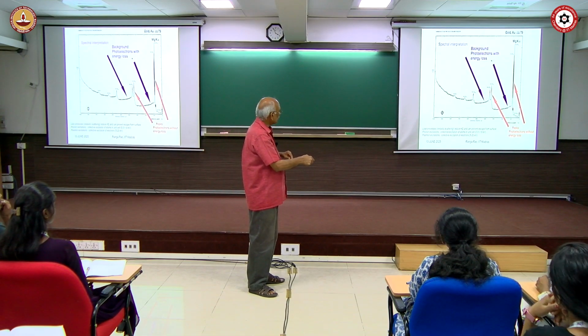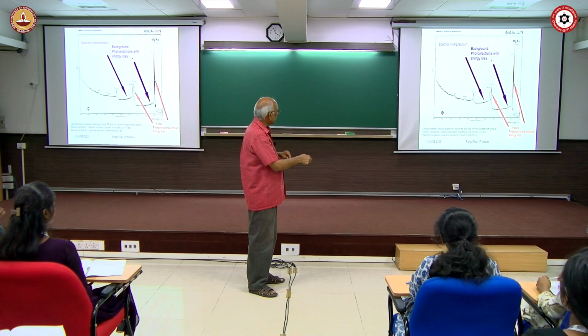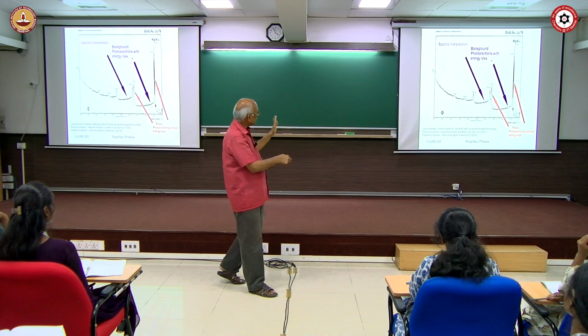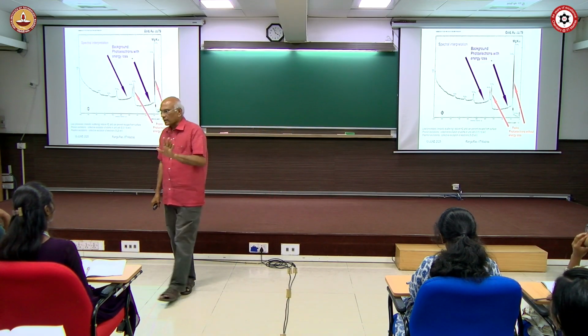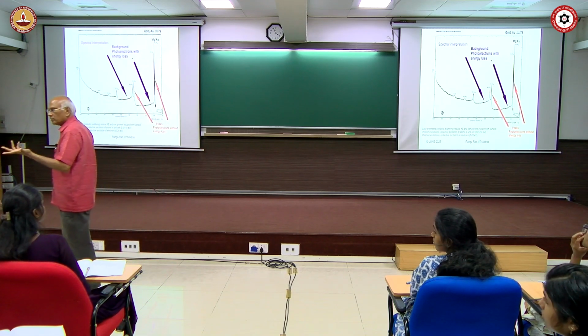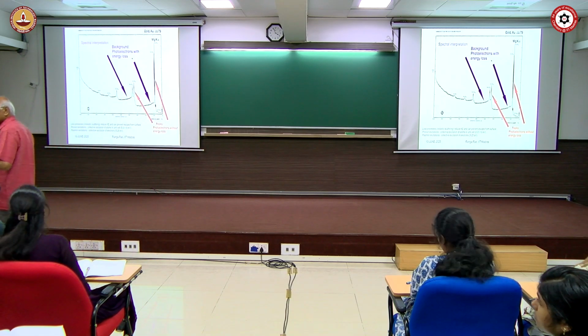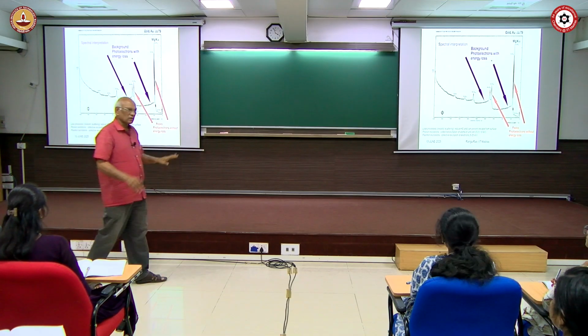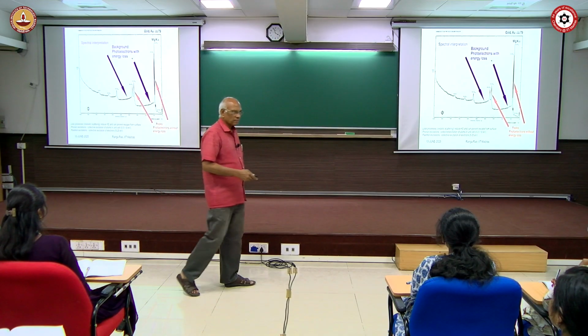And this is gold 4d, this is gold 4p, this is gold 4s. That is enough, up to the n equal to 4 shell. You do not need to go to n equal to 3 or n equal to 2. This is enough. If you analyze this spectrum, you will get all the information about the sample.